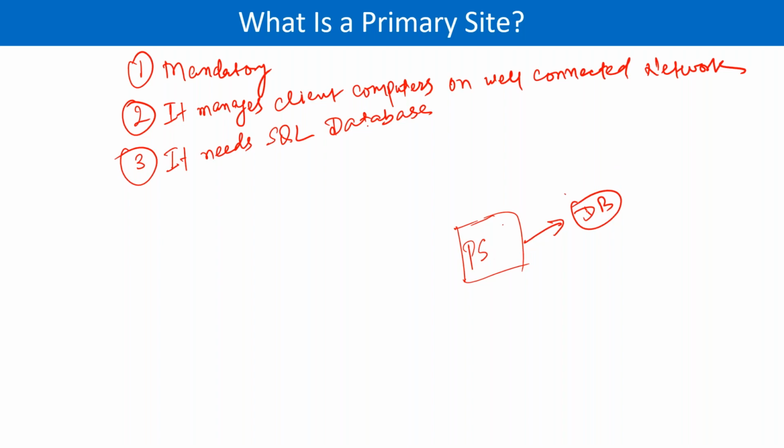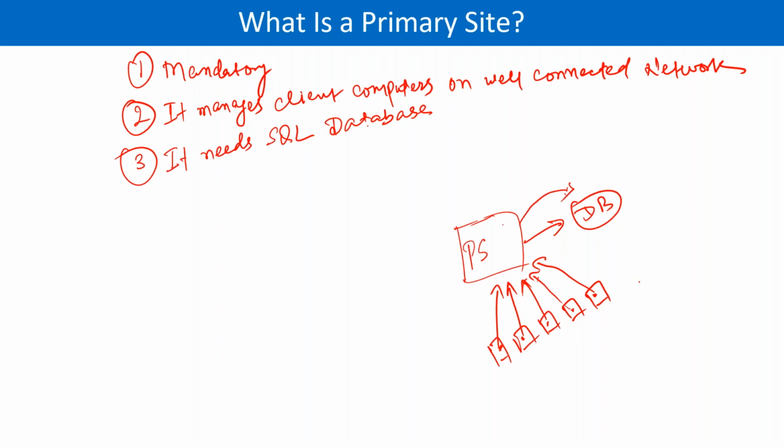So from where will it collect the data? It will collect data from client computers, let's say 50,000 machines or 20,000 machines. In each machine we have installed the SCCM client. The client is going to send the data to the primary site, and the primary site is going to store the data in the database.